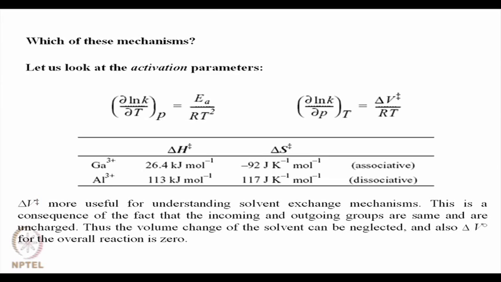Now, we can identify by looking at the activation parameters whether the reaction is an associative solvent exchange or a dissociative solvent exchange, by the use of thermodynamic concepts, the concept of entropy. Entropy is basically a measure of the degree of disorder.